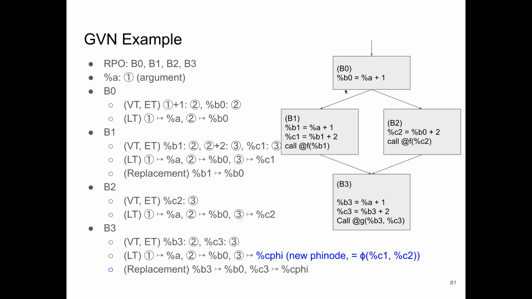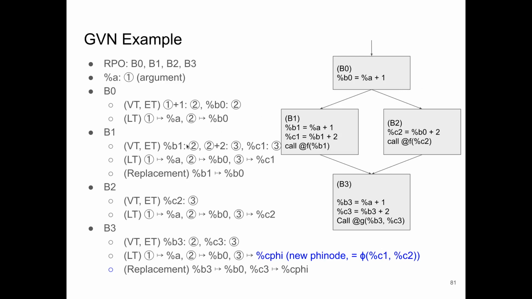So the meaning of this is that at the end of block 0, at this point of time, when you meet a value with number 2, then you can safely replace it with B0. Because at this point of time, B0 is dominating the remaining execution.